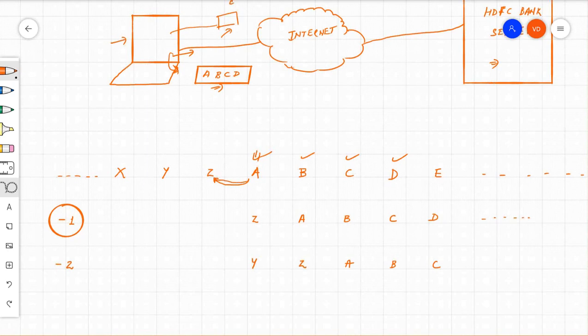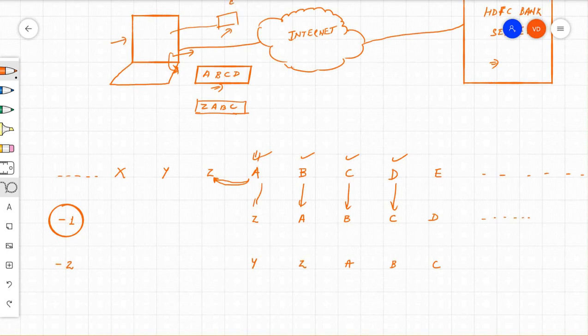So A will be converted to Z, B will be converted to A, C will be converted to B, and D will be converted to C. It is simple, right? So instead of sending this message, I will be sending ZABC.